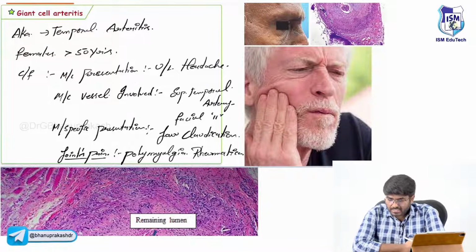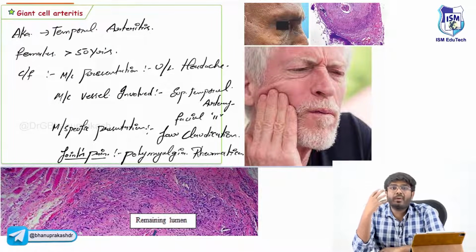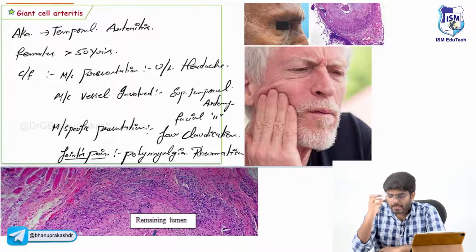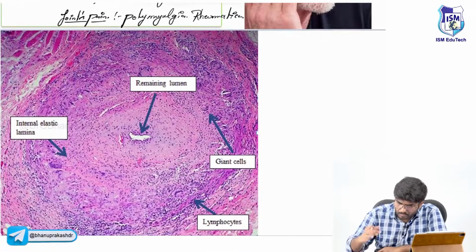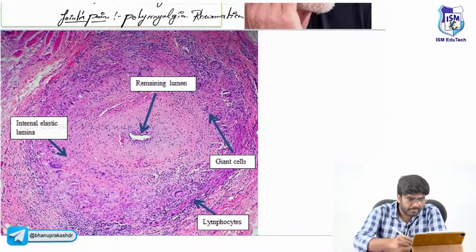Okay. Next, the main problem with these patients is, this inflammation can even spread to the optic nerve. Okay, so that can lead to visual loss. So that's the most problematic thing. Let me write here.